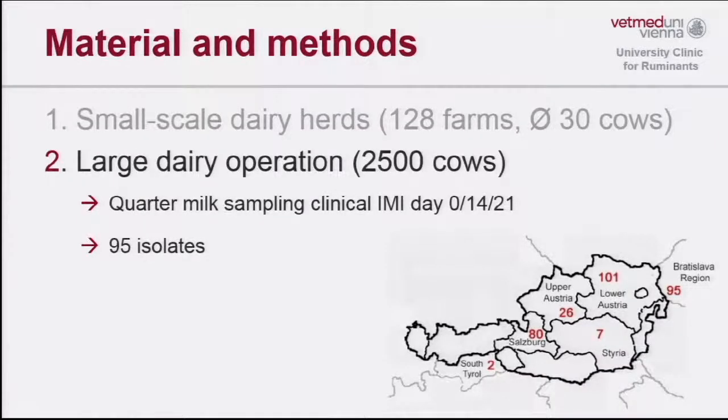And the other third was collected in a large Slovakian dairy operation close to the border, as you can see on the picture. They were collected from clinical mastitis cases. And their affected cows were treated with beta-lactams and resampled 2 and 3 weeks later for follow-up examination and checked for Strep uberis again.